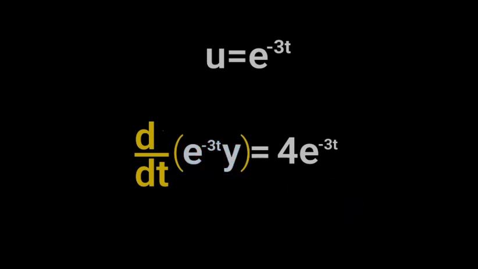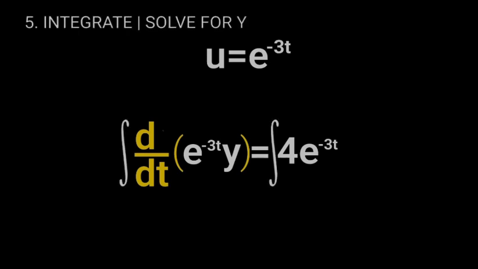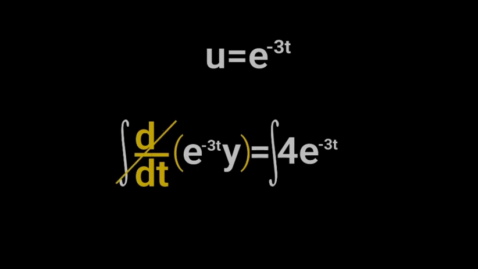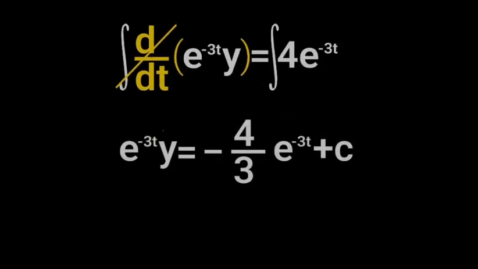Now we're going to integrate both sides and then solve for y. If we integrate the left side, the derivative and integral cancel each other out, and then we are left with e to the negative 3t y equals negative 4 divided by 3 times e to the negative 3t plus c.